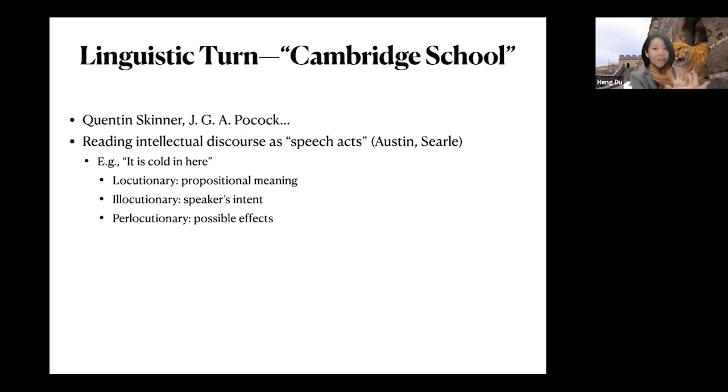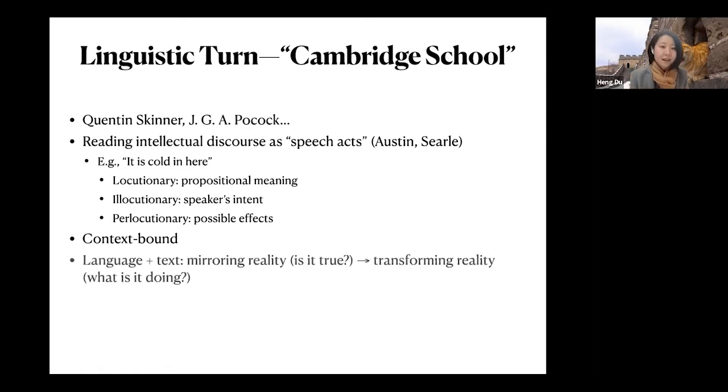So how exactly I'm hoping reality would be changed is different depending on the context. As you can see, you can only understand the meaning and significance of speech acts when you understand the context in which they are uttered.